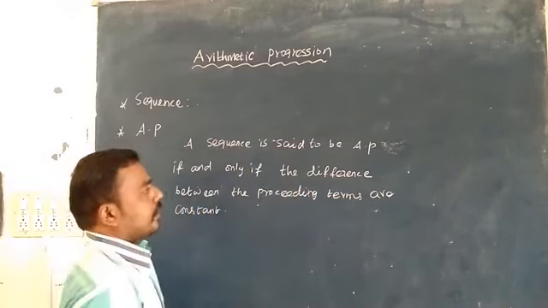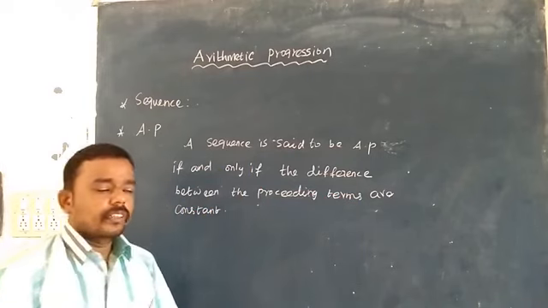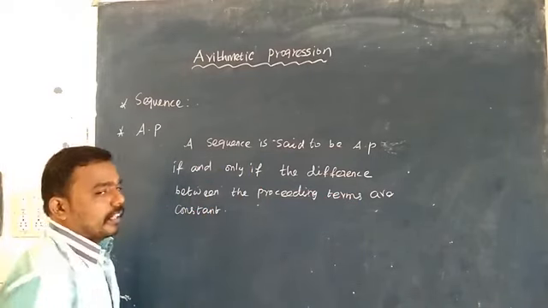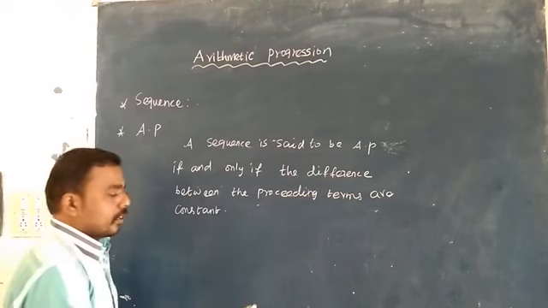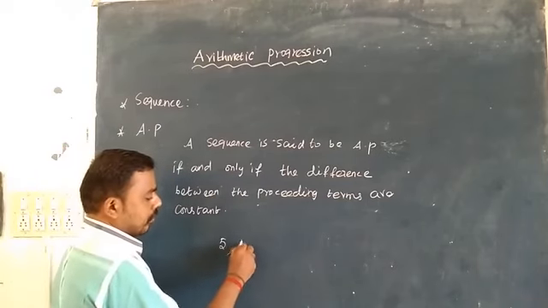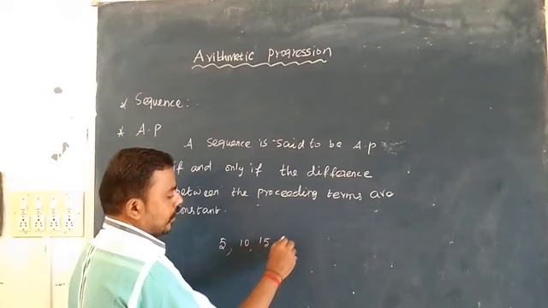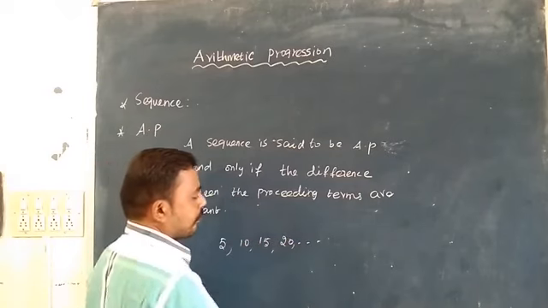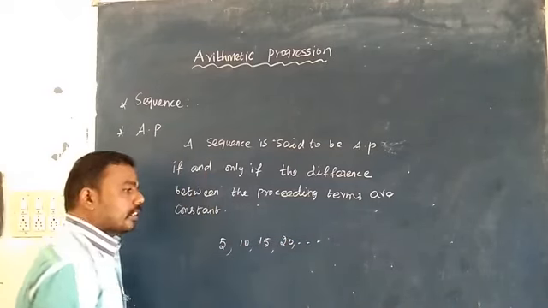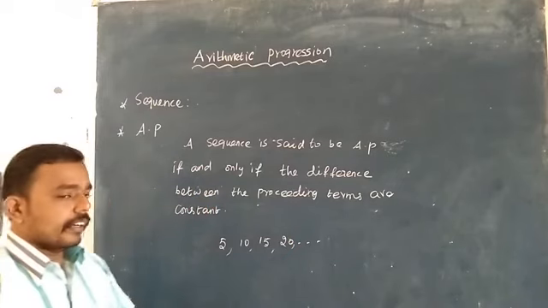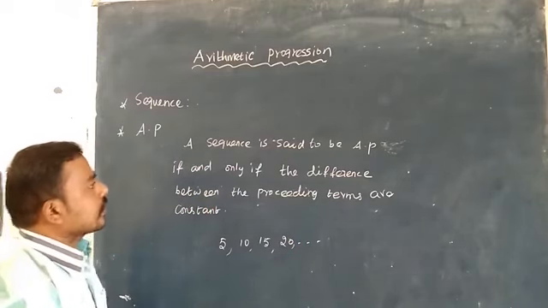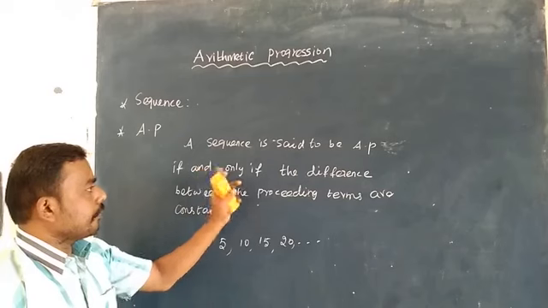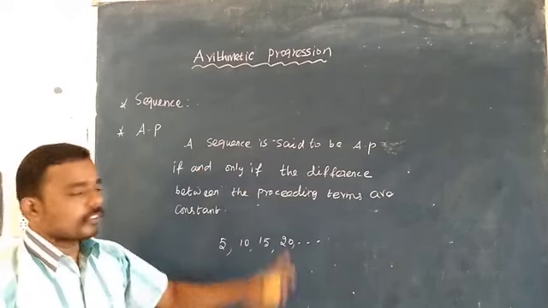So what is meant by this? You have an AP with terms, suppose 5, 10, 15, 20 and so on. A sequence may be in any order, but a sequence is an AP if and only if the difference between any preceding terms is constant.